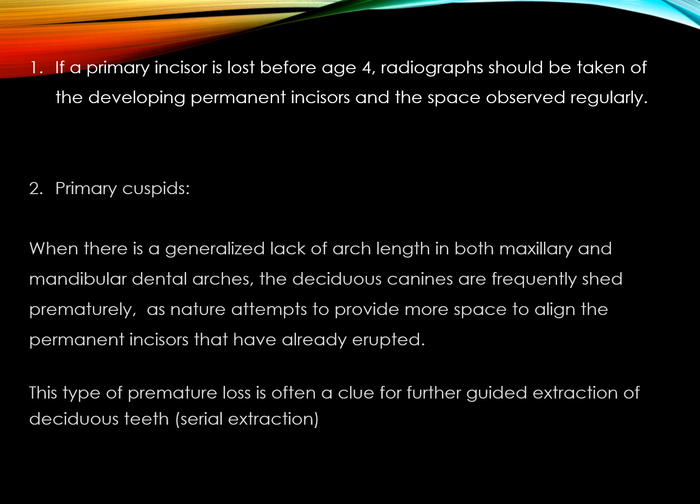And when it comes to the primary cuspids, if there is a generalized lack of arch length in both maxillary and mandibular dental arches, the deciduous canines are frequently shed prematurely. In such cases, nature attempts to provide more space to align the permanent incisors that have already erupted. So this type of premature loss is often a clue for further guided extraction.